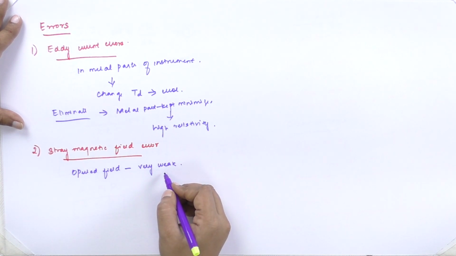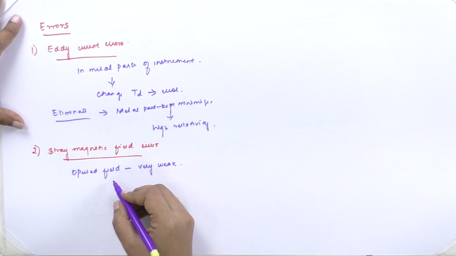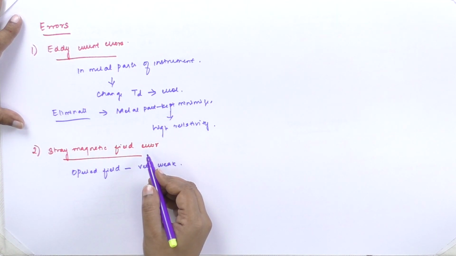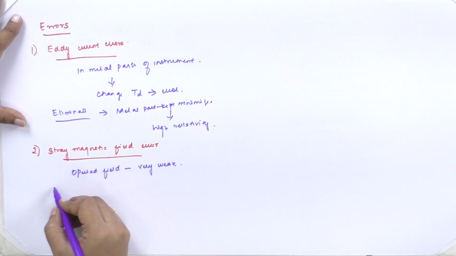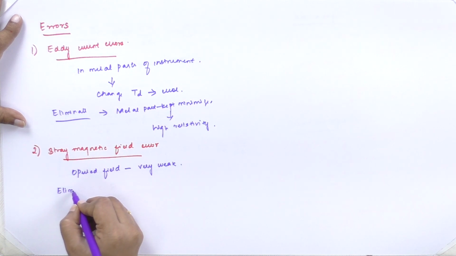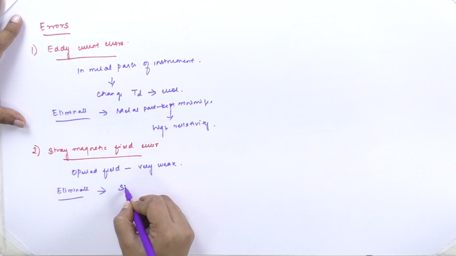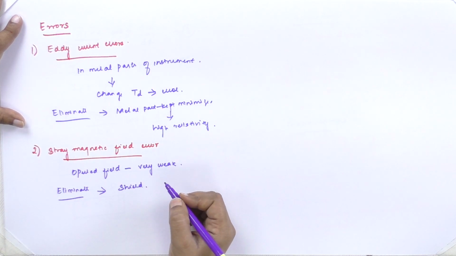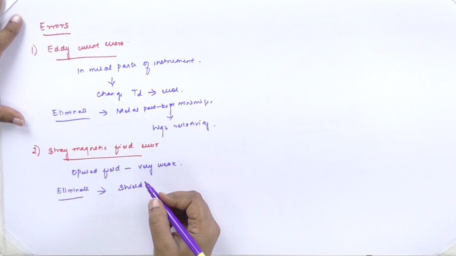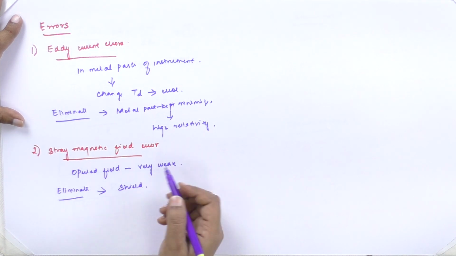So this operating field can be easily affected by the external stray magnetic fields, which will cause error in the system. In order to eliminate this error, we have to shield the instrument with an iron case so that the external magnetic field will not affect the operating field of the instrument.